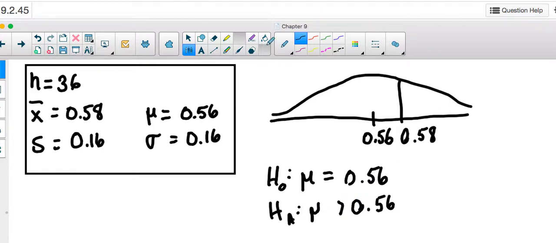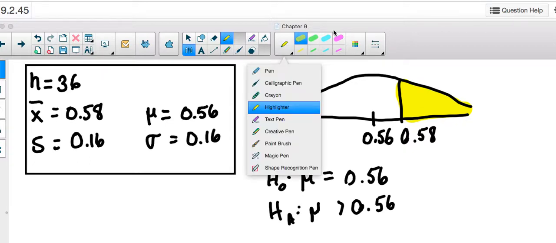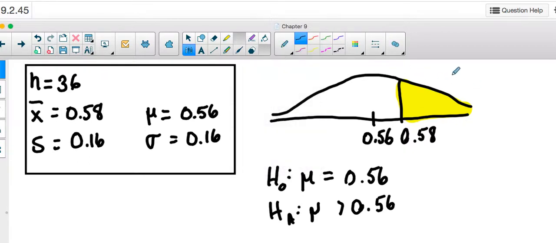In our picture, that means we're looking for the area under the curve here. What I'm trying to decide is, if I find this area, is the p-value less than 0.05?